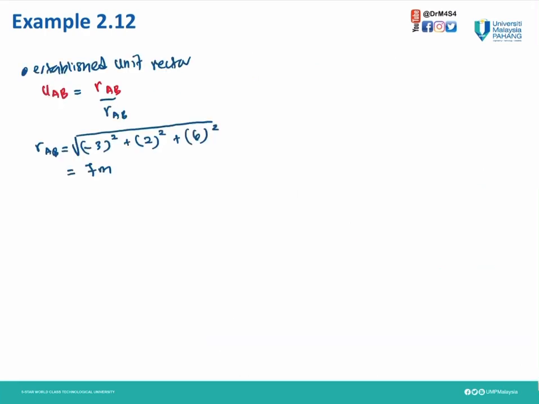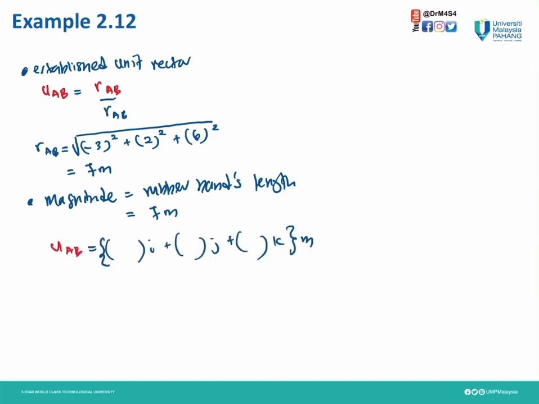Then we can calculate our magnitude. Square root of negative 3 squared plus 2 squared plus 6 squared, and we get 7 meter for our magnitude. This magnitude is the same as the rubber band's length. Then we can find our unit vector UAB.